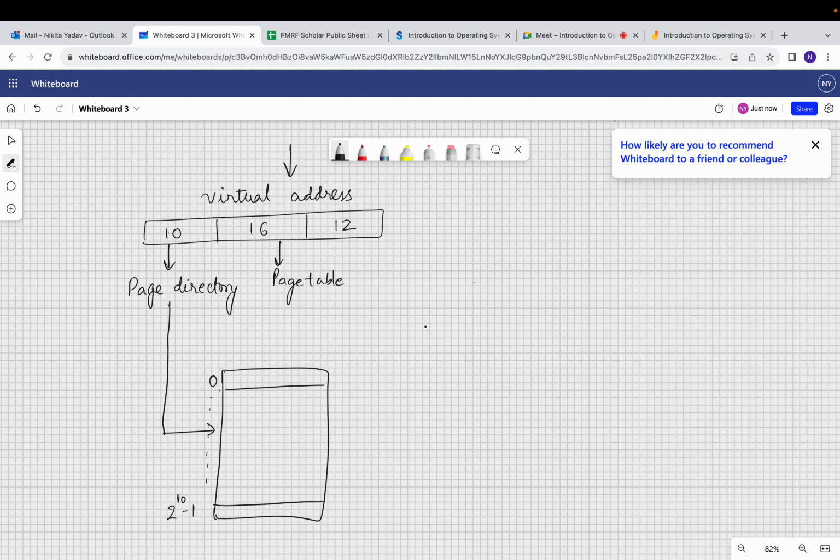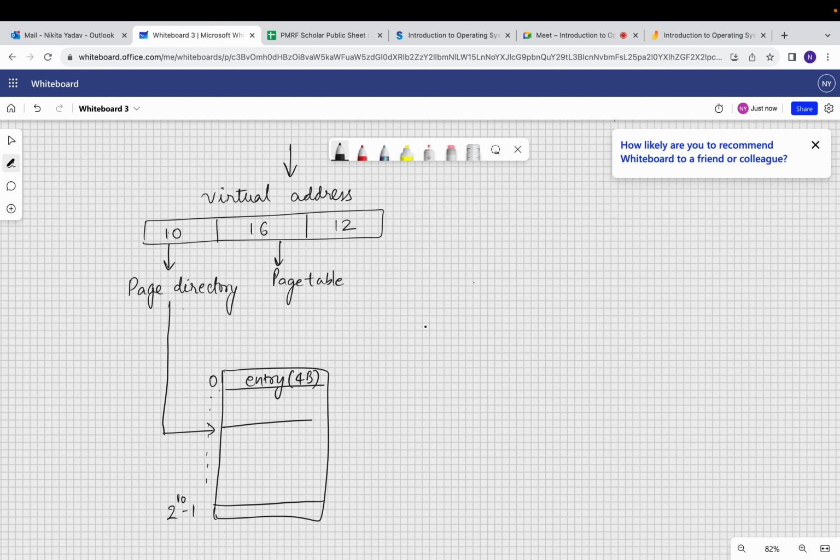Each entry is of size 4 bytes. Every bit can take two values, so there are 2 to power 10 numbers which can be generated from 10 bits. That's why 2 to power 10 entries.